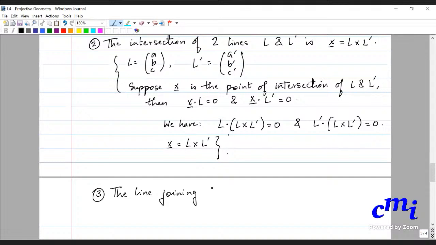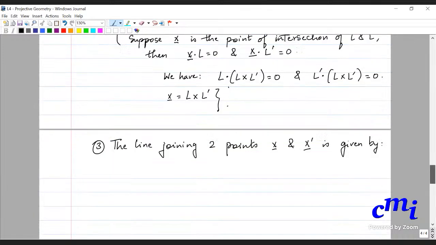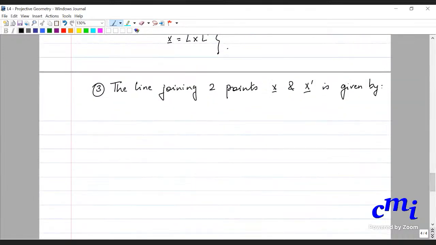So the line joining 2 points X and X prime is given by, now let's try to guess this. You have X and X prime both lying on L. By the same token, X lies on L, so X dot L is 0. Let L be the required line. X dot L is 0 and X prime dot L is 0.